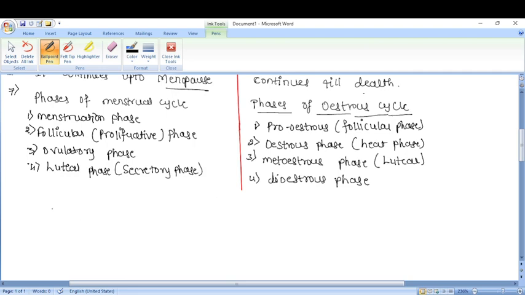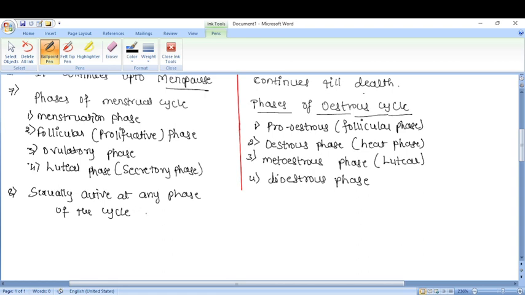Next difference is that the mammals in which the menstrual cycle occurs are sexually active at any phase of the cycle.